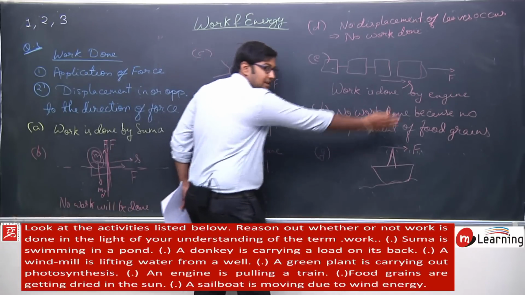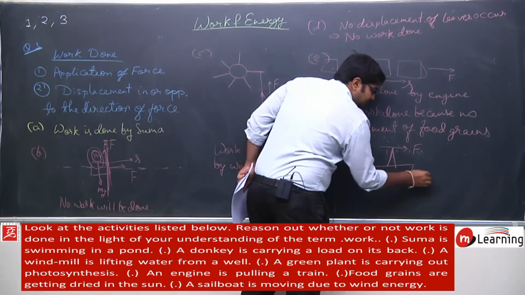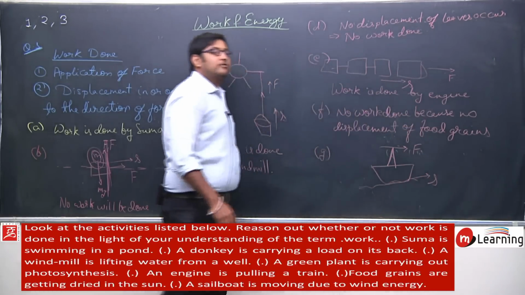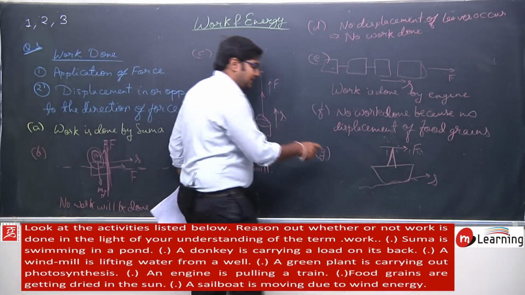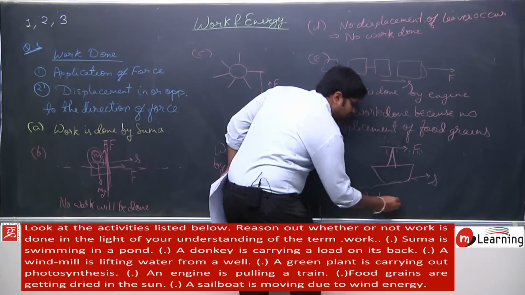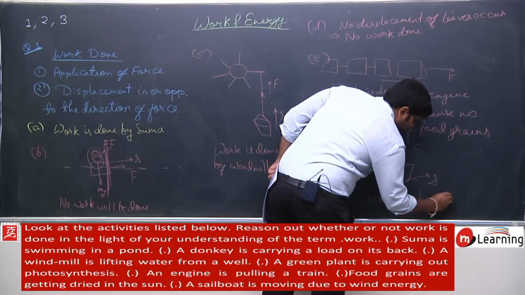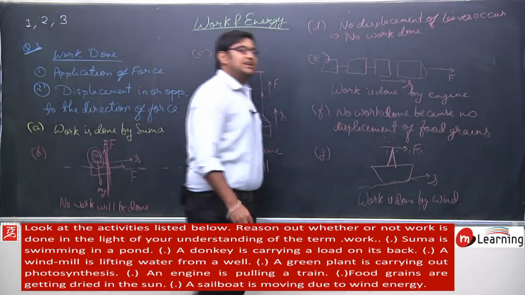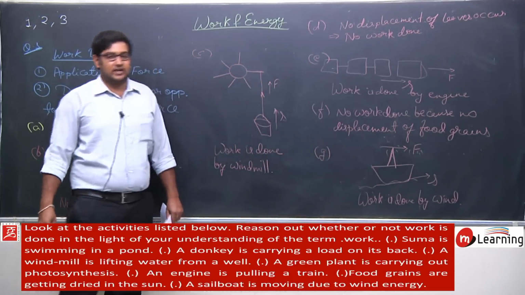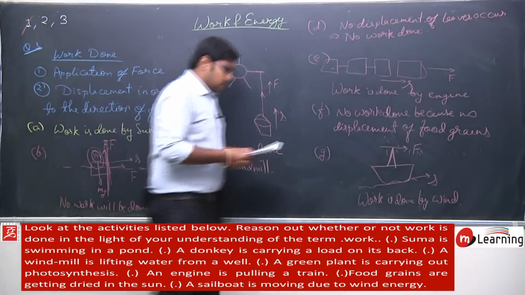If wind is blowing like this, it will push the boat in this forward direction, and similarly, the displacement of the boat will also happen in the forward direction. So definitely here work is done by the wind. So this completes the first question. Please note this.